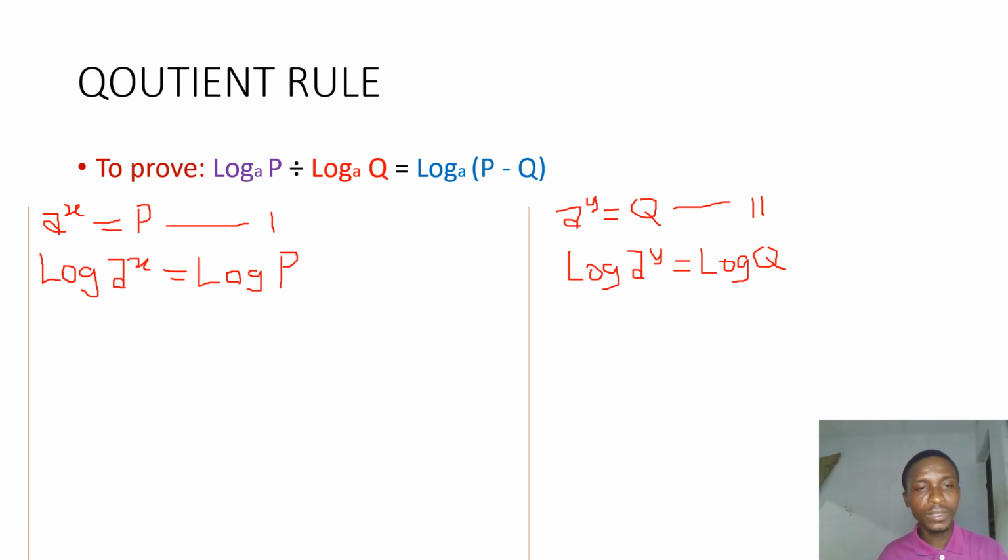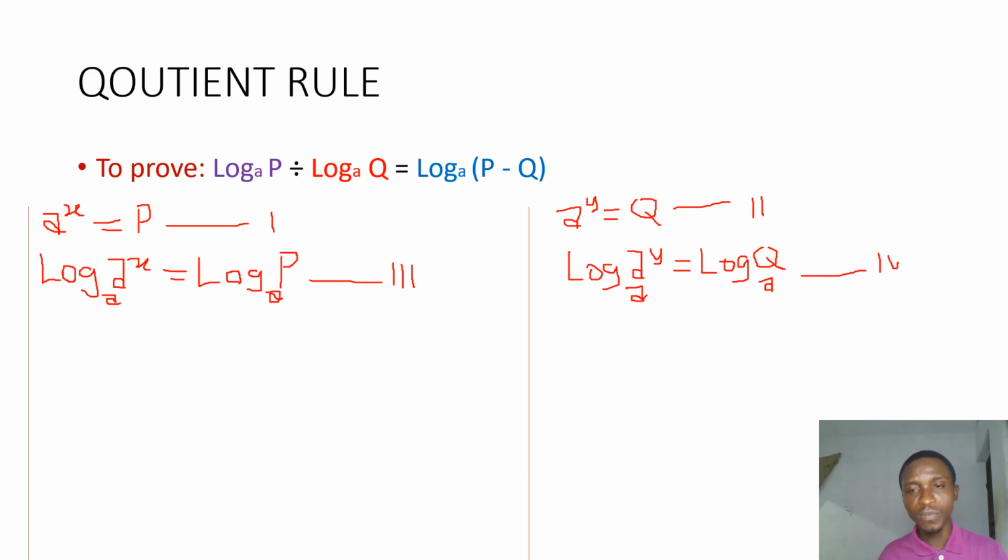Then we take base a all through. Don't forget that we are working with a number a, so we are also taking base a all through. And let's call this equation 3, and let's call this equation 4.